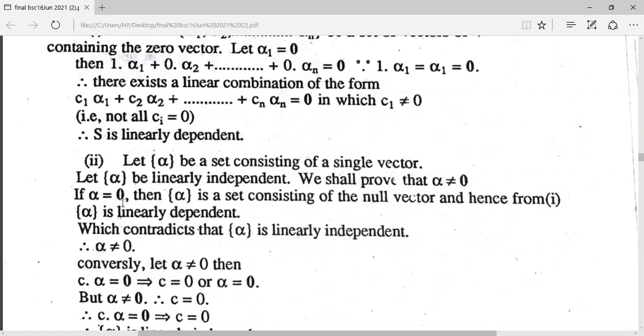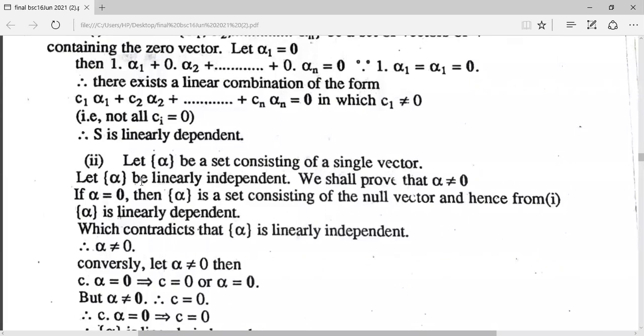For four-dimensional, you will have 4 components like that. So what we have is a set consisting of a null vector. As we cited above in the first property, a set consisting of a null vector is linearly dependent. So if alpha is 0, then the singleton set alpha consists of the null vector, and hence from the first property the set is linearly dependent.